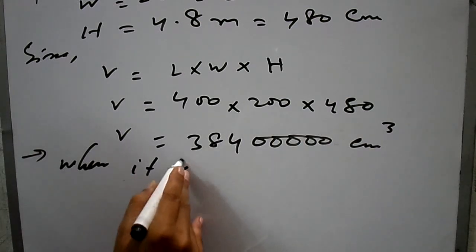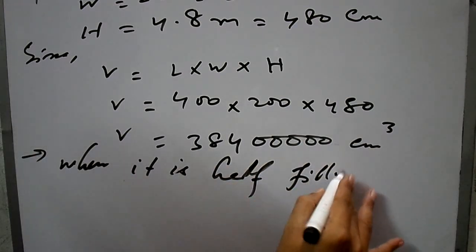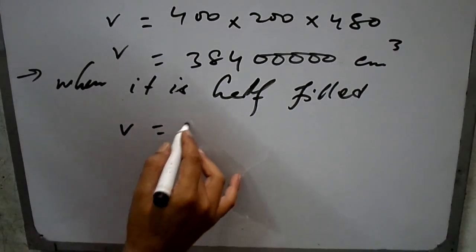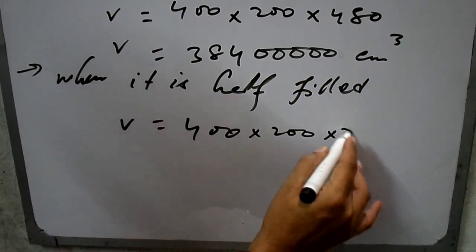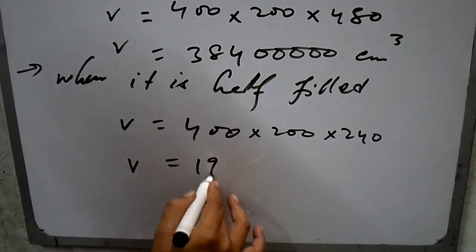When it is half filled, then volume is equal to 400 multiplied by 200 multiplied by 240.